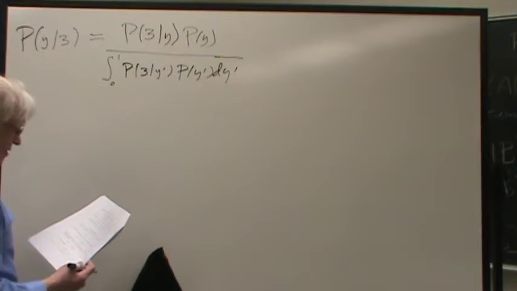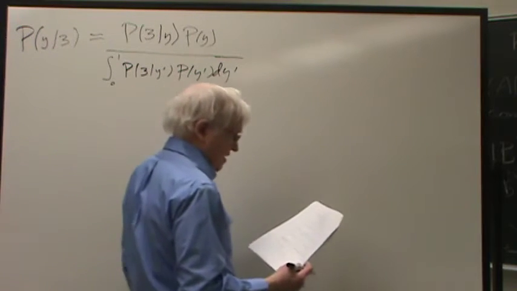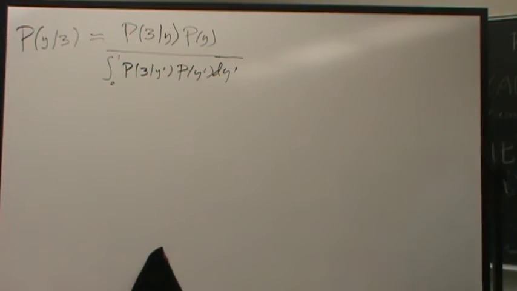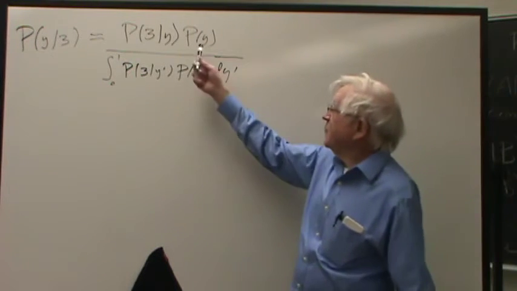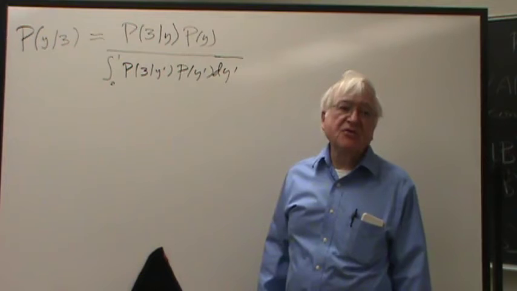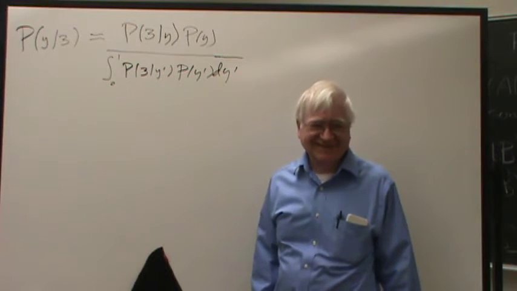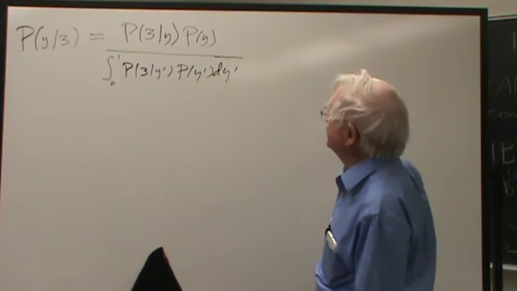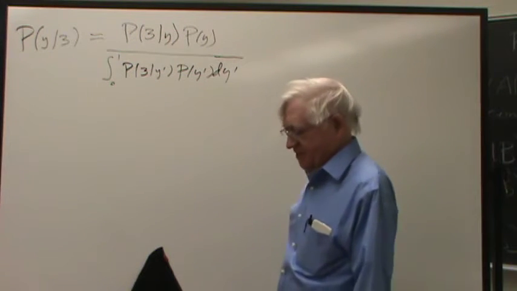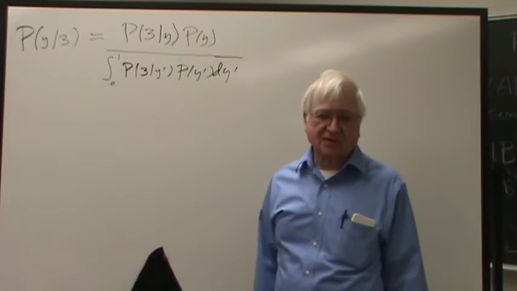Now, we don't, of course, know what the probability of y is. If we knew that, we wouldn't have to do the poll. So instead, what we're going to do is we're going to assume maximum ignorance.